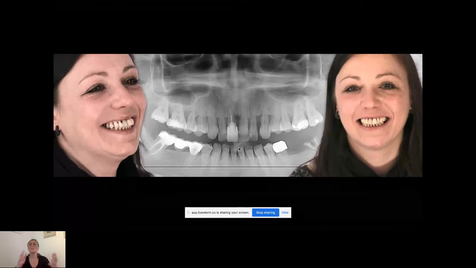So this is the situation, and this is actually the parameter which we need, and a consensus which should be made between an implantologist and the periodontist. Now we extract the teeth.